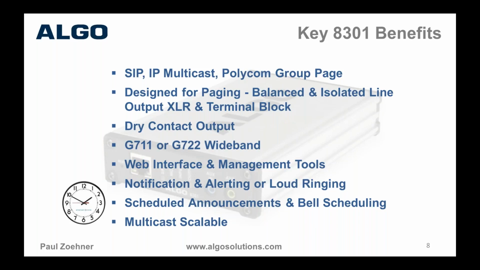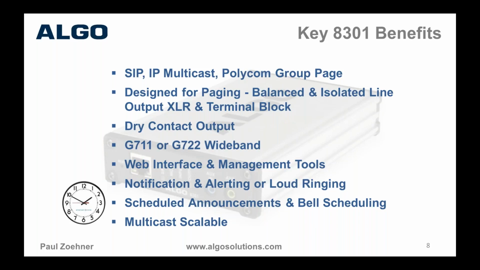You also have line level compensation, automatic gain, so you get very consistent audio levels out, which aren't dependent on which type of phone is sending the transmission or who is using that phone. You get a dry contact output, which is required by some amplifiers to mute music or to activate, instead of using VOX, which sometimes has a delay.